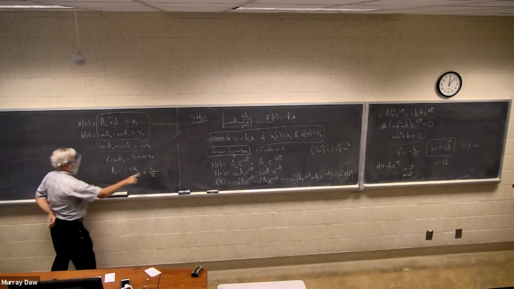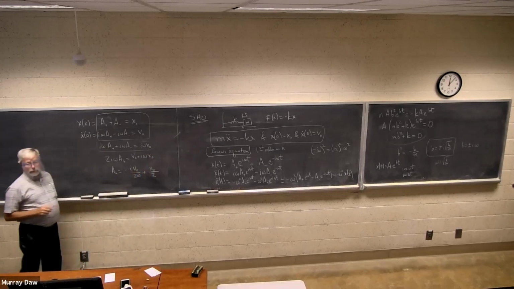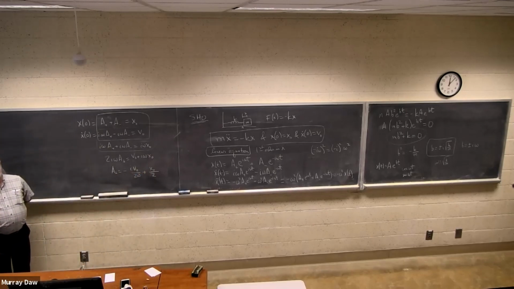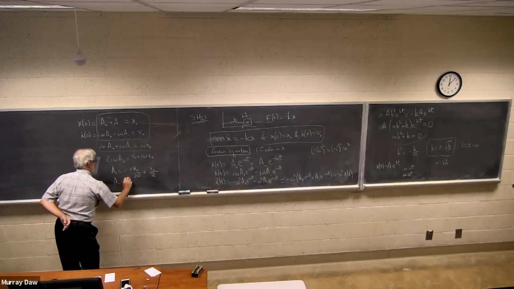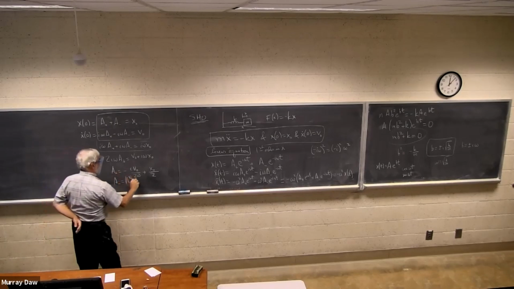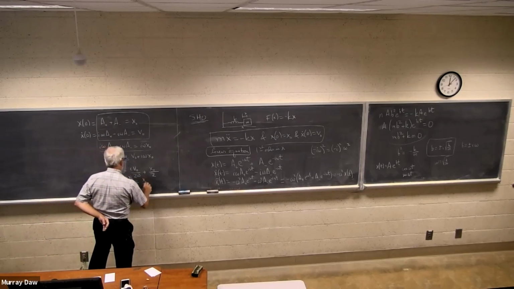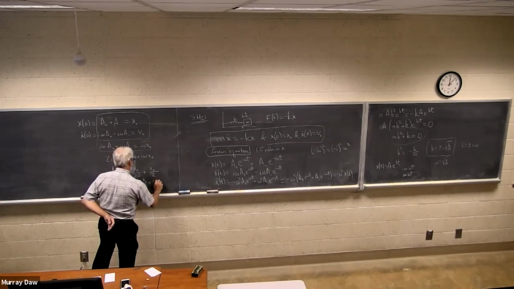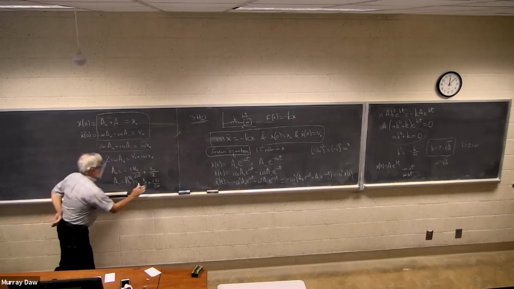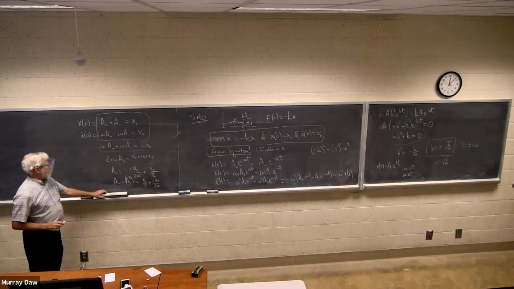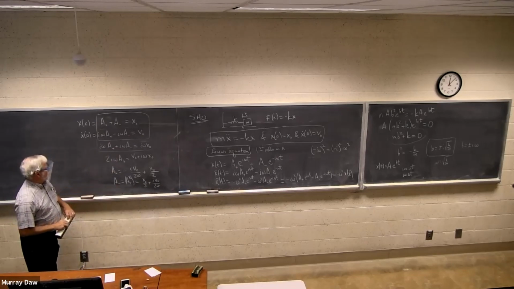The real part corresponds to the initial position, the imaginary part corresponds to the initial velocity. A minus is the complex conjugate, just flip the sign of the imaginary part. Is that right? Yes.